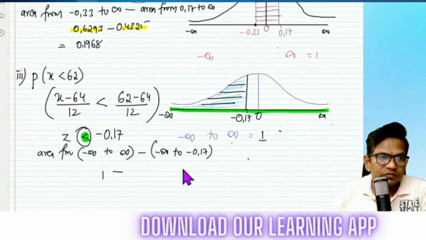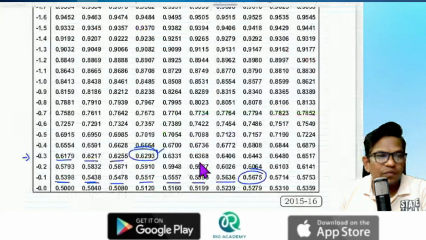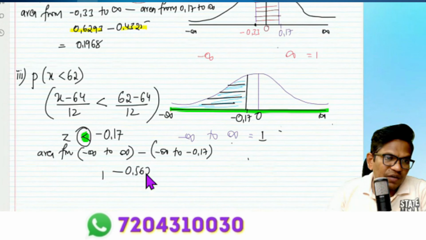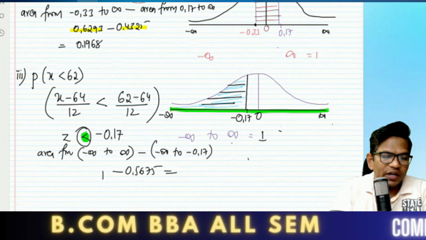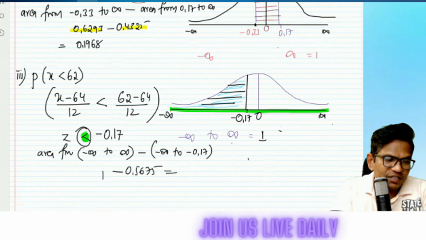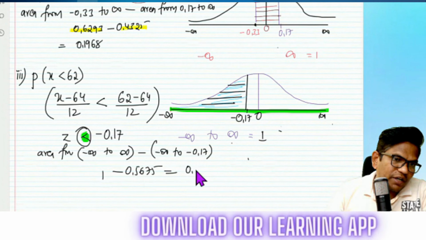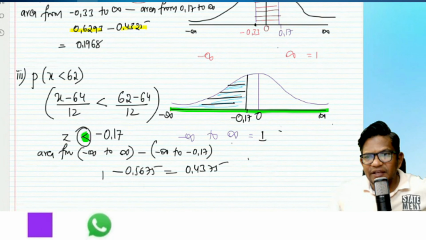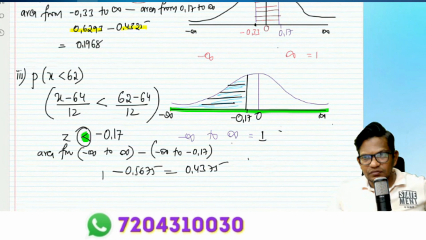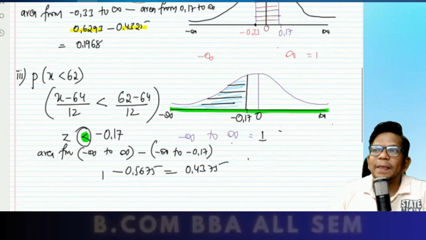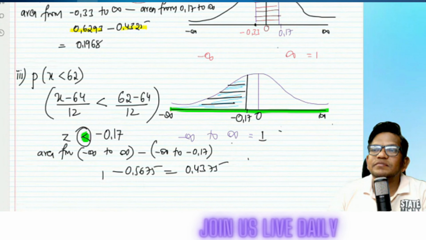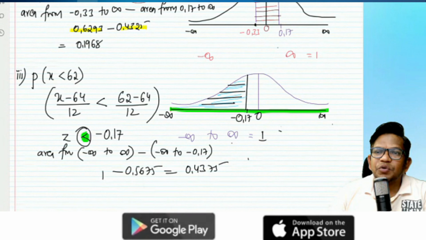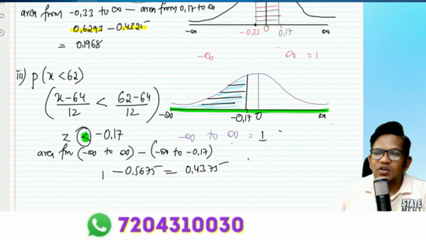How much was that? 0.5675. How much will the answer be? 1 minus 0.5675 is 0.4375. Okay. It won't be that difficult for you. Can you go further, children? Can you proceed now? Did everybody understand? You have boards, right? Here we don't have anything to skip. We are here to learn everything and solve it.